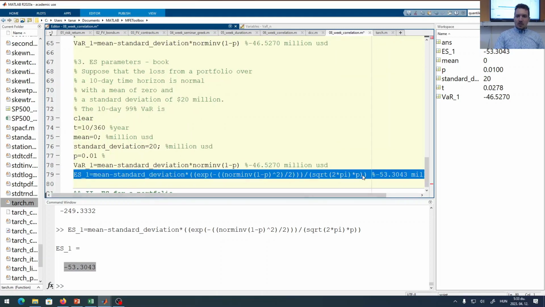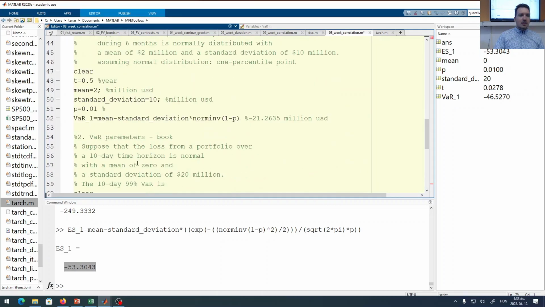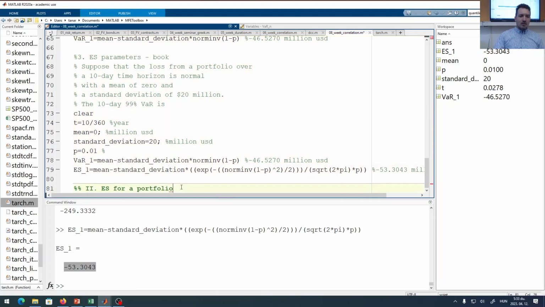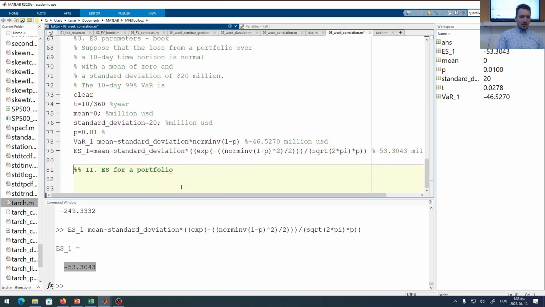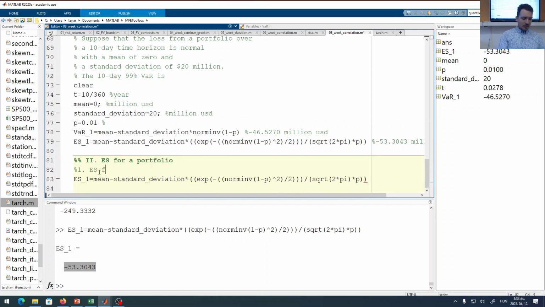So, if we already need this, ES for one asset, then practically these are all the components.